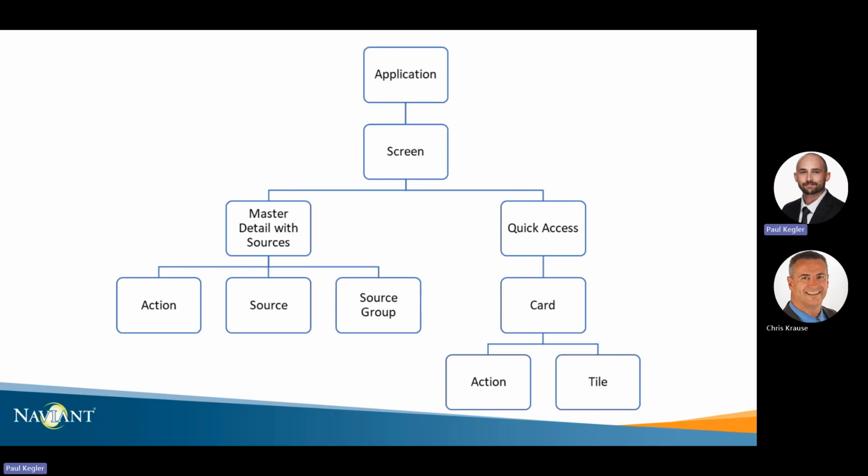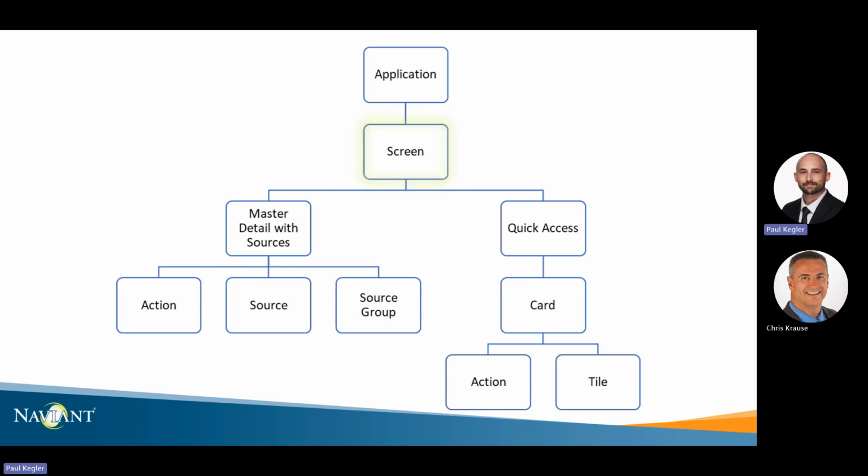So let's get into how all this works. Apps are comprised of screens and sources and actions that are configured within OnBase Studio. The apps are the personalized UI layer built on top of your existing OnBase system, and this is all accessed via a URL. Those apps are comprised of screens, which present the data and actions organized in the user's language.